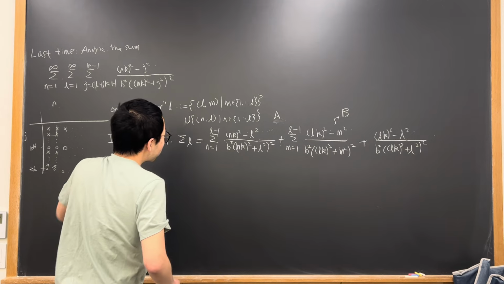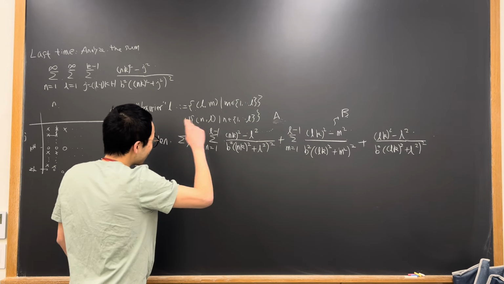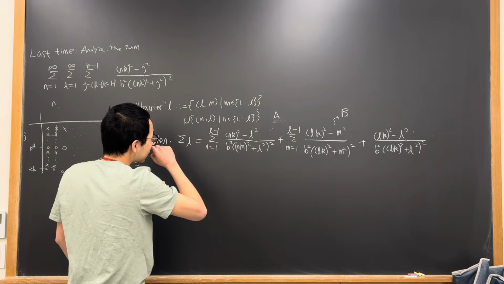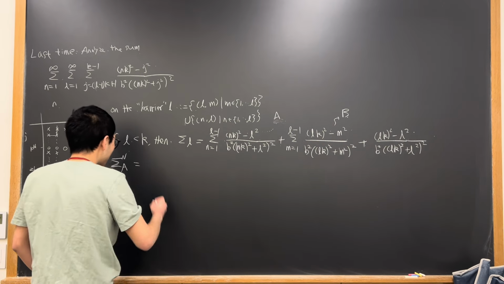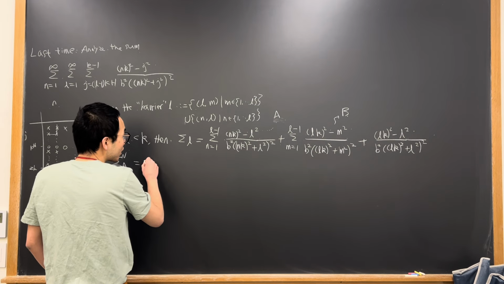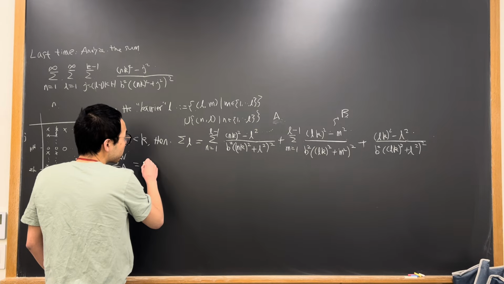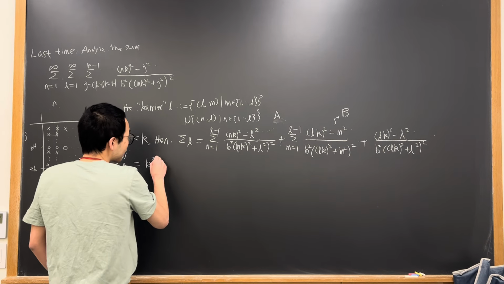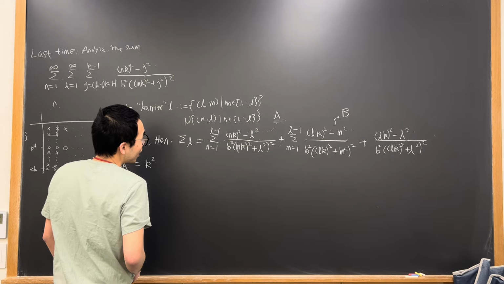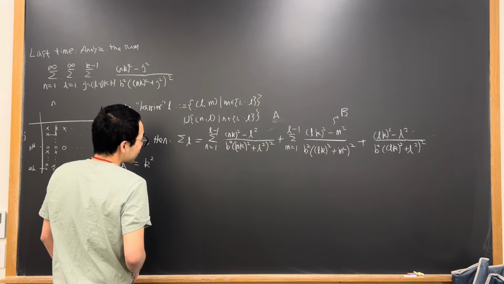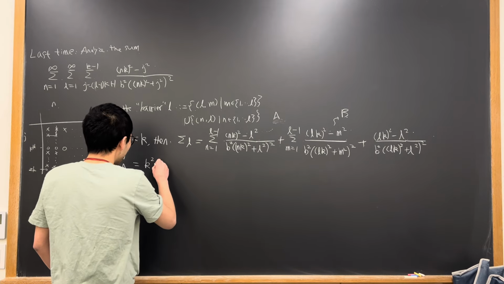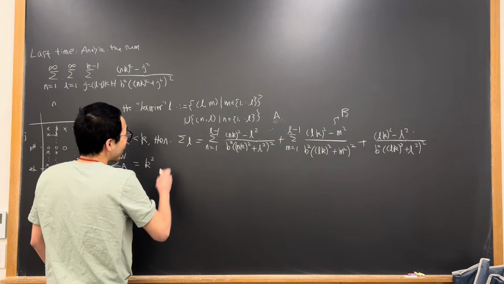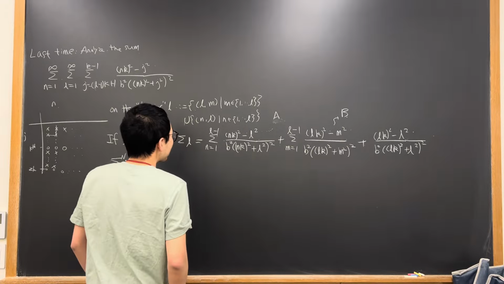So when I sum over this n here, what I have is k squared times... so it will be... I have to remember the formula for the square sums.